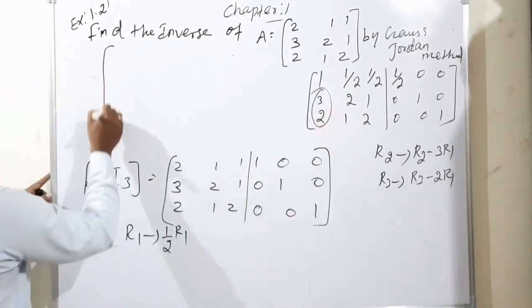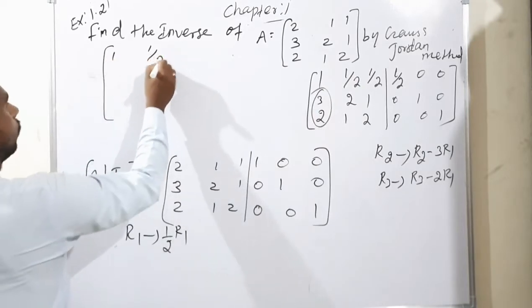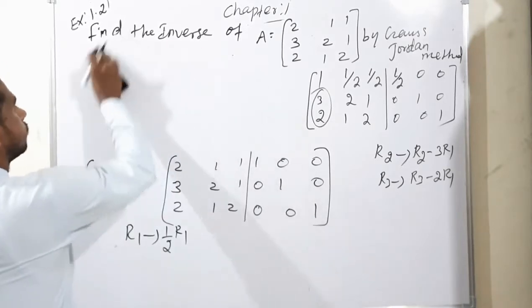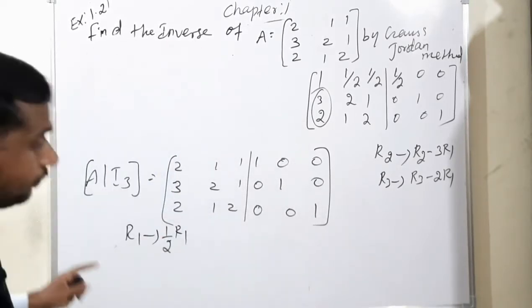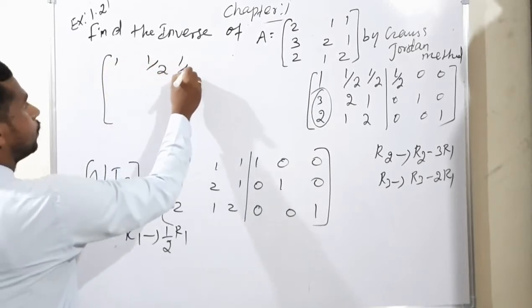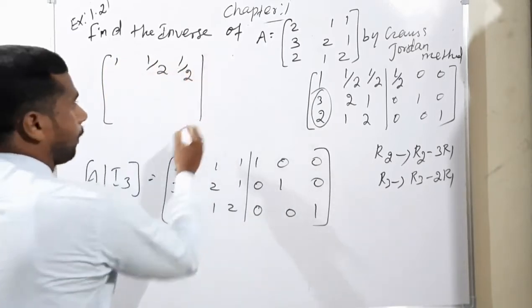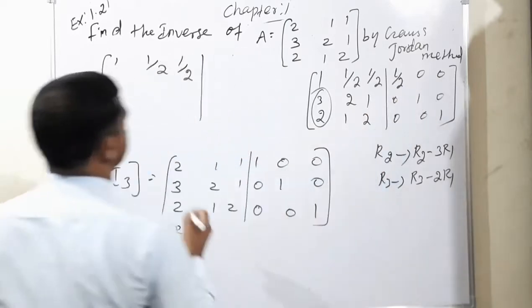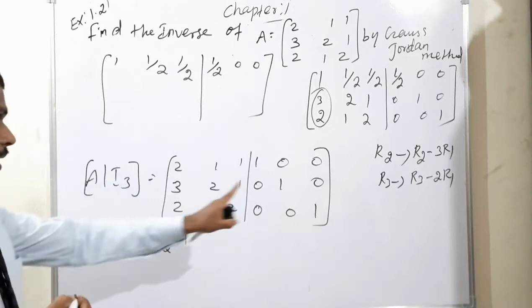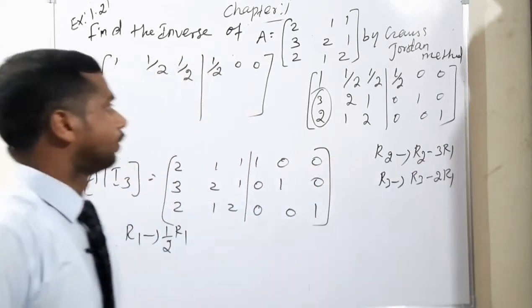What is R1? 1, 1 by 2, 1 by 2, then 1 by 2, 0, 0, 0, 0.